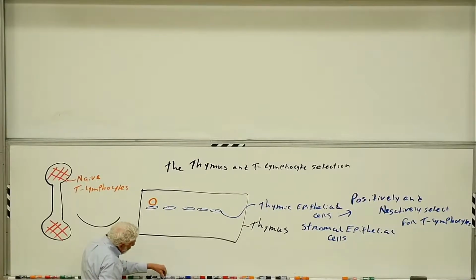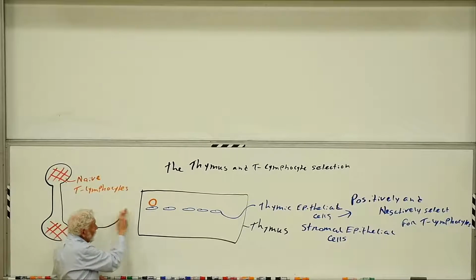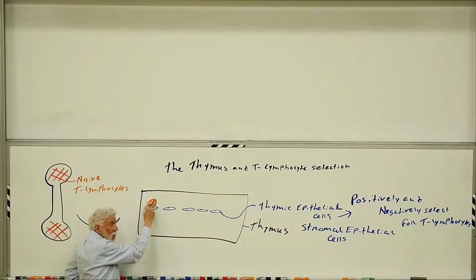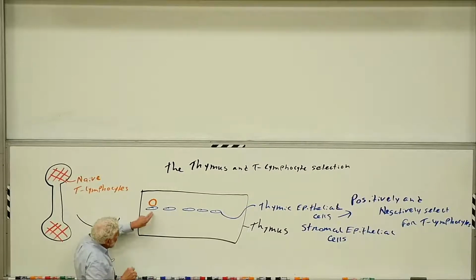So the idea here is that this naive T lymphocyte arrives on this epithelial cell. And the epithelial cell greets the T lymphocyte. And they say hello. There's a handshake. And then this epithelial cell asks a question, molecularly, of course, of this naive T lymphocyte: can you recognize proteins?